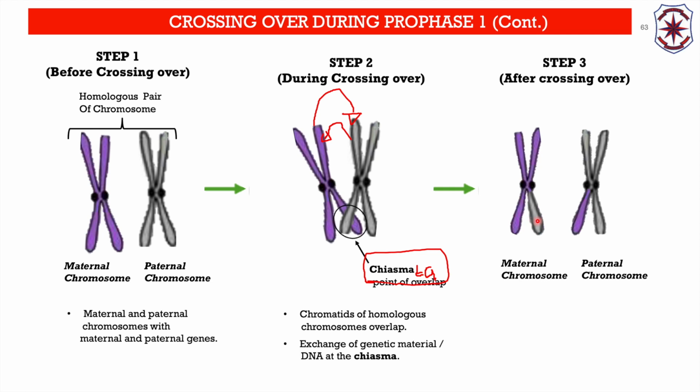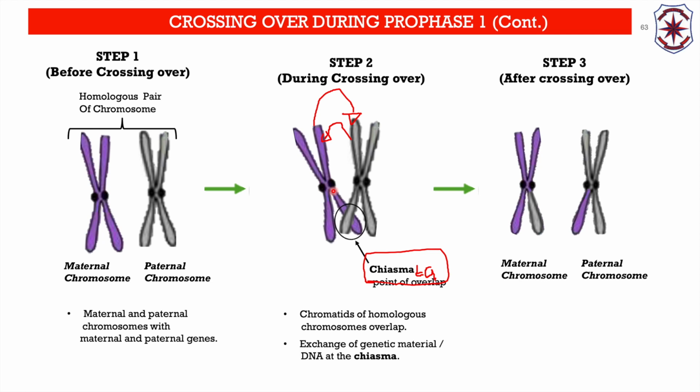What happened to it? Now, the genetic material that is represented by gray is the genetic material from the paternal chromosome. It was exchanged from the paternal chromosome and it went to the maternal chromosome. Okay? When you look at the paternal chromosome, you will see that the bottom left chromatid is now purple. Why is it purple?